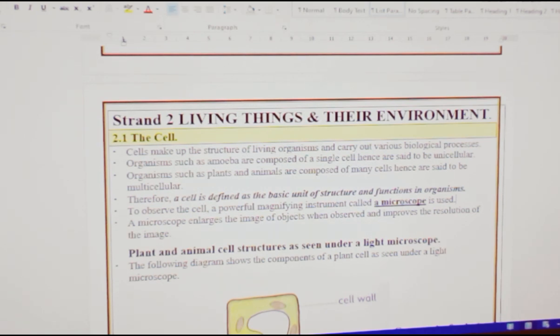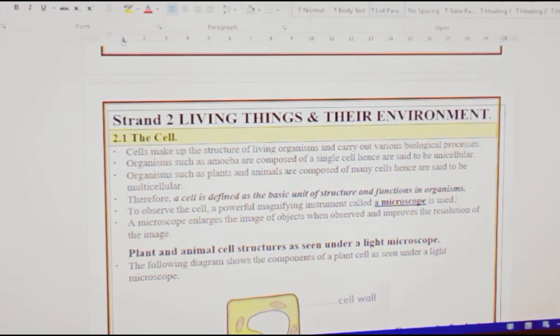So the work of this microscope, we have said, is that it enlarges the image of an object when observed and improves the resolution of the image, whereby you can see clearly what the cell contains.